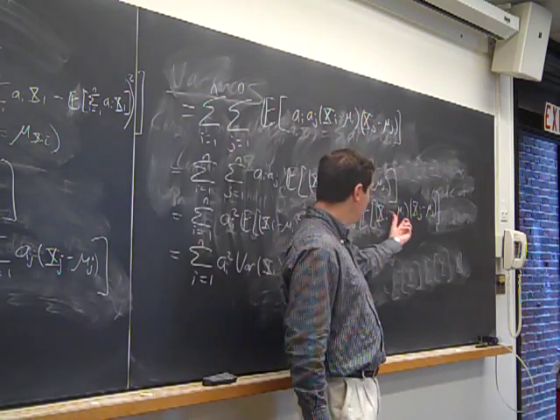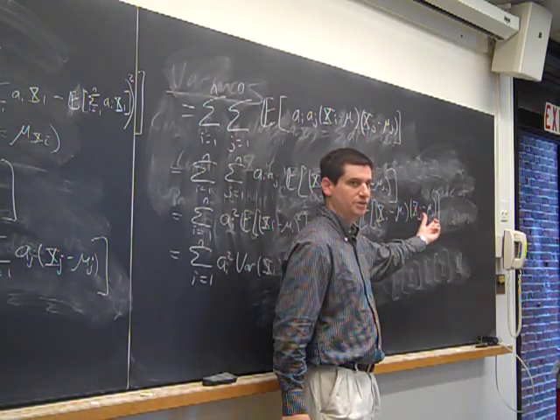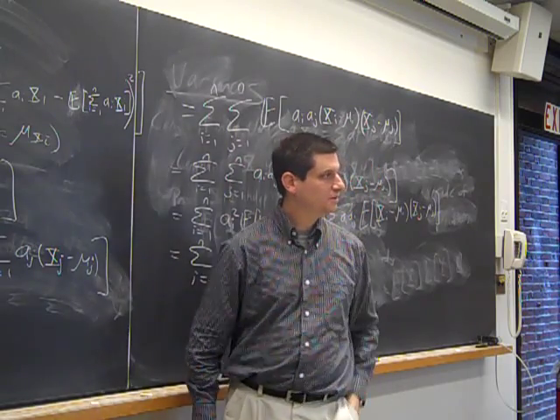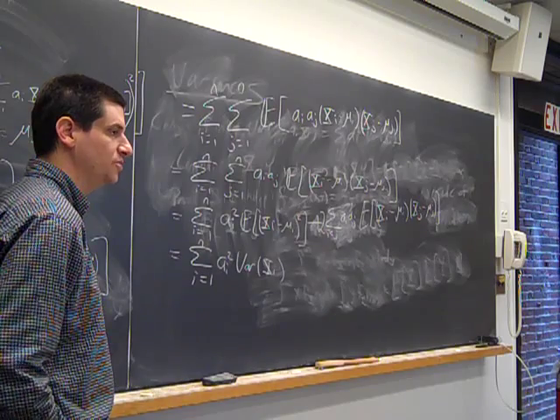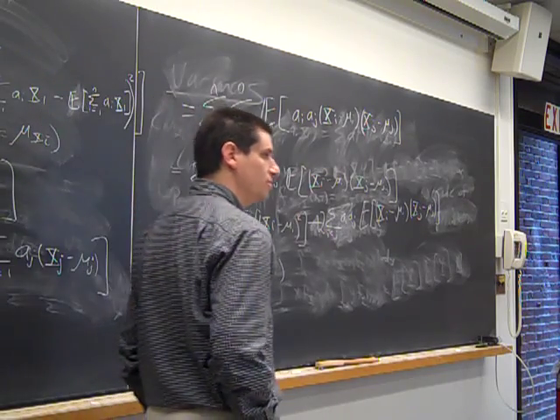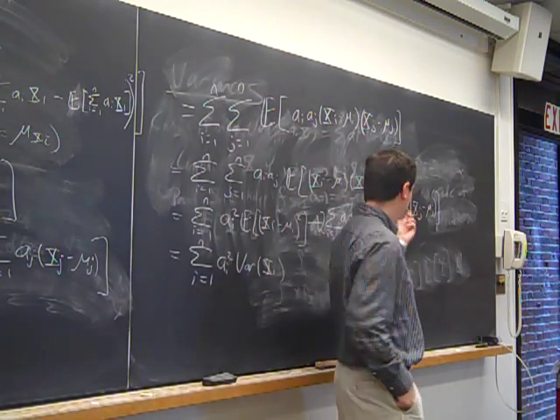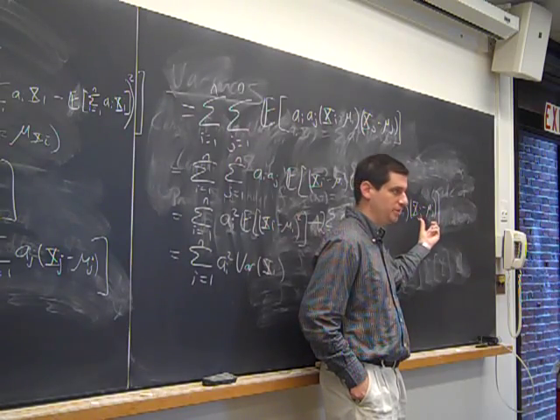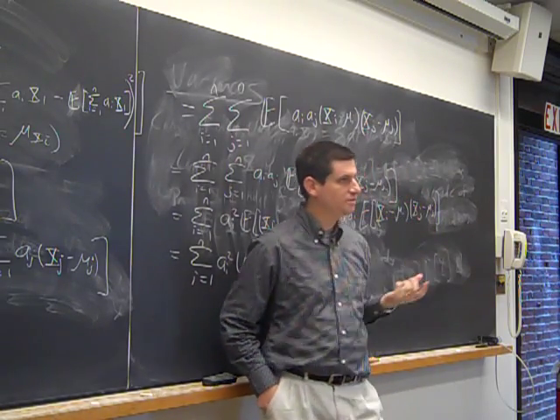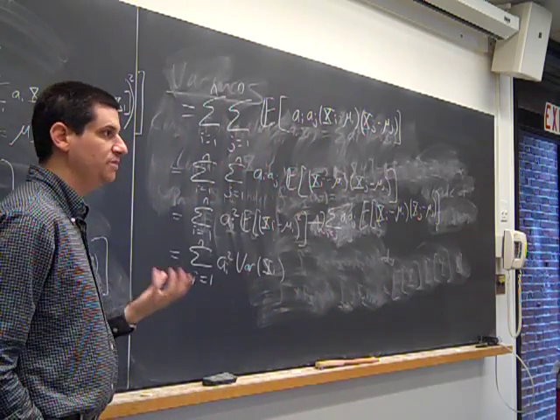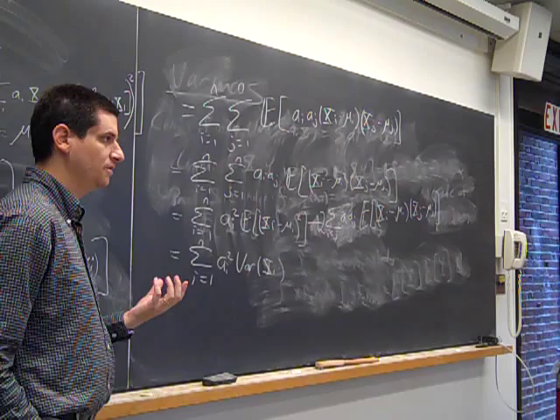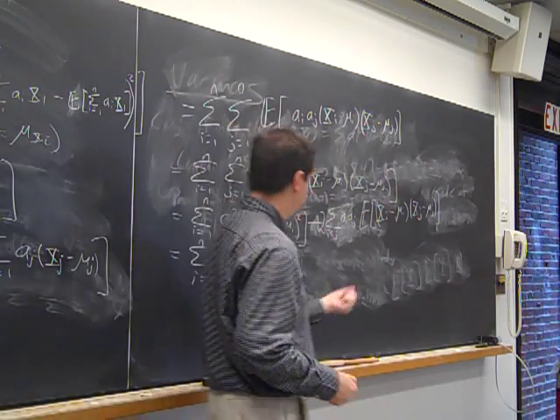Now, if they're independent, what's the expected value of the product? What result can we use? The expected value of a product of independent random variables is the product of the expected values.